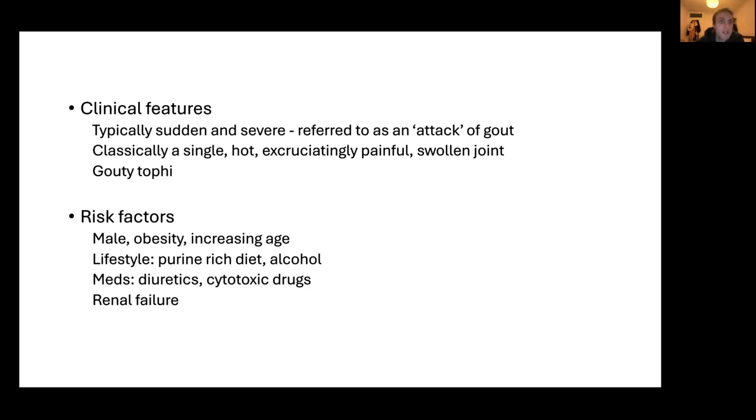So there's some particular medications we look out for in gout, and they're diuretics, and also cytotoxic drugs. So if we think logically, it's things that either decrease the excretion of uric acid or increase the production. So cytotoxic drugs are causing lots of cell breakdown, apoptosis, and increase the amount of uric acid circulating in our blood, elevate that uric acid level.